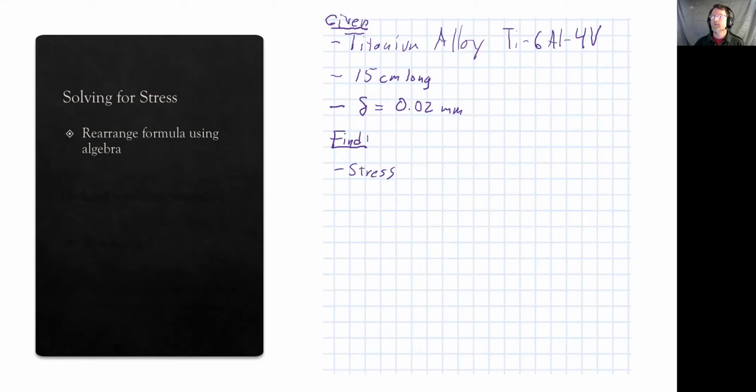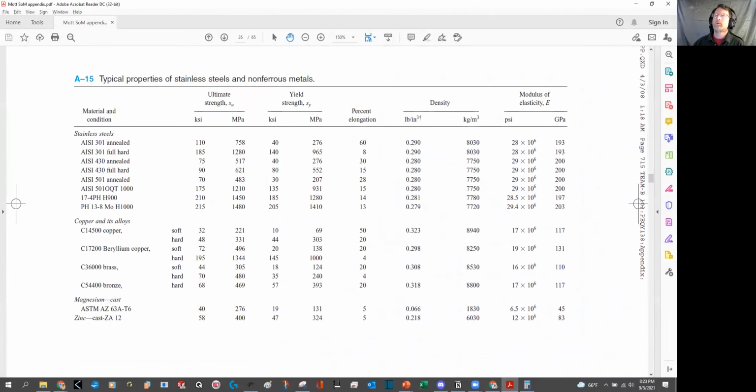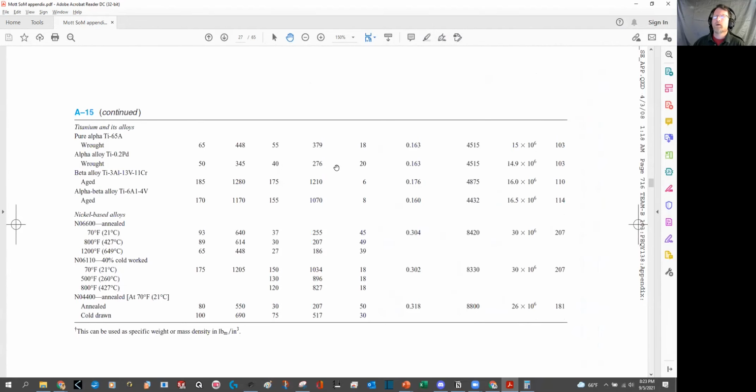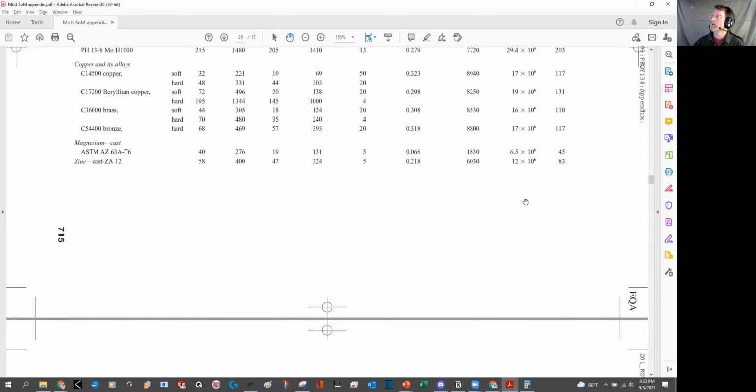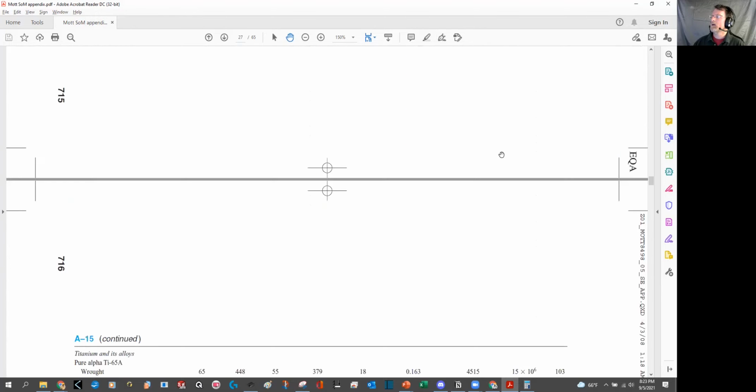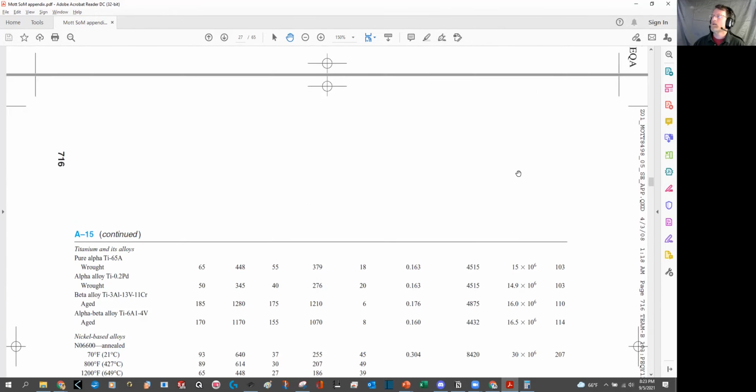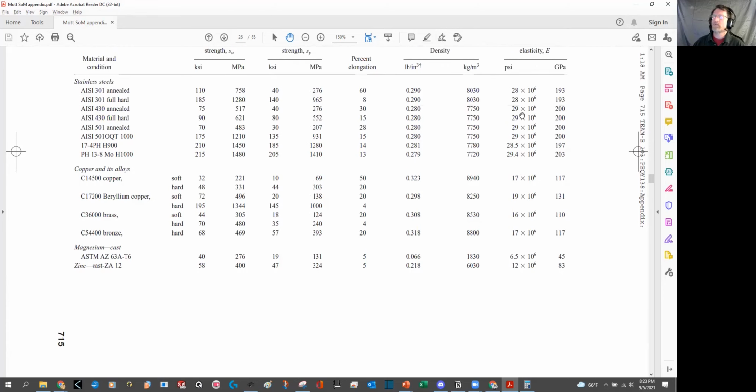First thing we're going to need to do, though, is look up the values that we need. So I'm going to go over here to our textbook values, and this is the one I was just showing you before. If I scroll down a little bit, I've got titanium and its alloys, and I've got Ti6Al4V right here. I've got 16.5 times 10 to the 6th PSI, and 114 gigapascals.